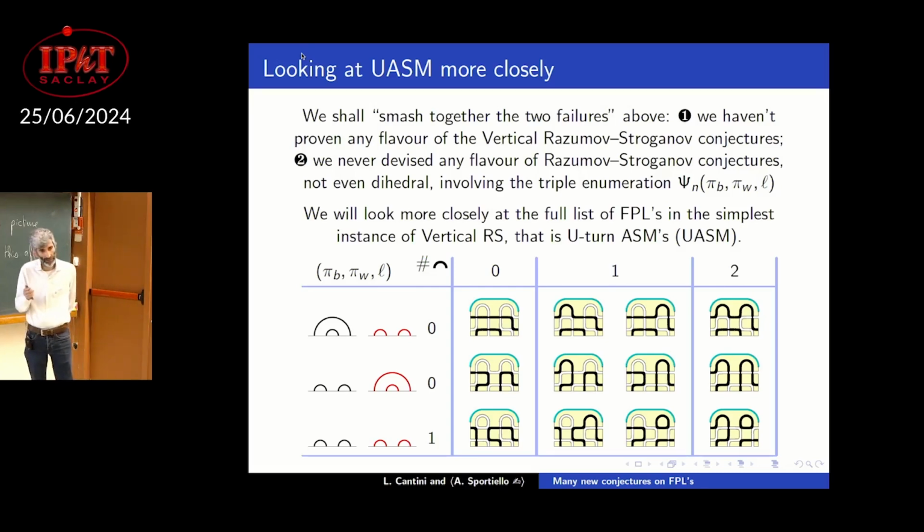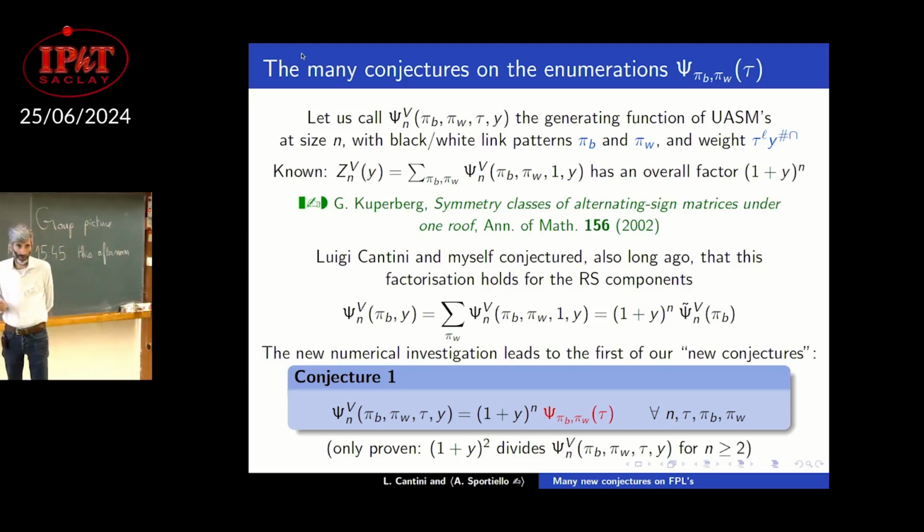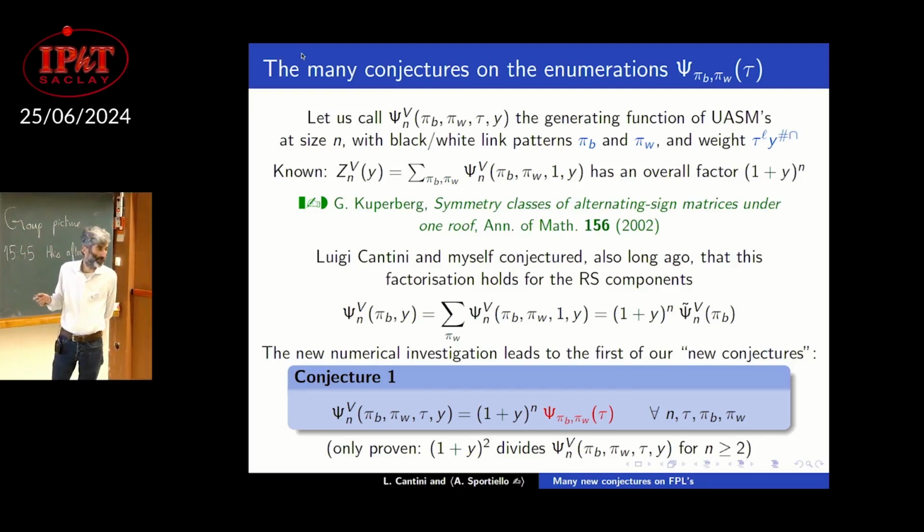This is strange. If you do that on larger examples, you soon realize that there is a factor 1 plus y to the n popping up if you give a weight y to the black arcs, even if you take separately pi black, pi white, and the number of loops.